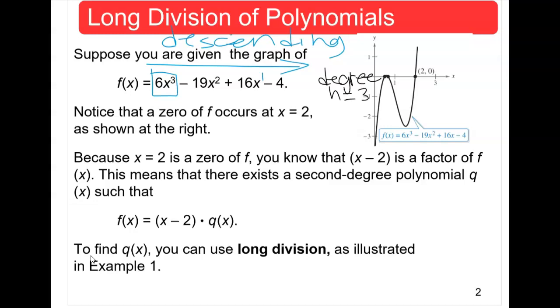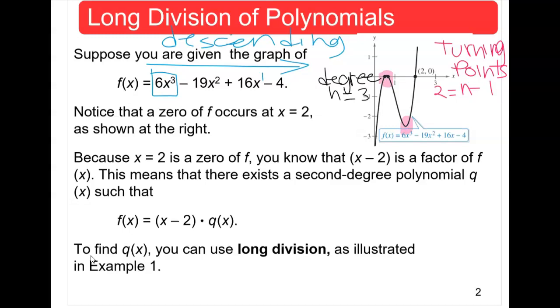And so being of degree 3, the number of turning points that this polynomial can have, and we discussed this in the previous section, is going to be n minus 1, which will be equal to 2 turning points. And we can see them clearly here and here.